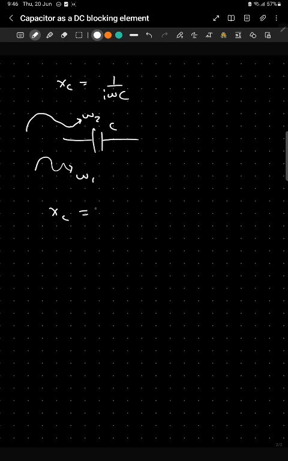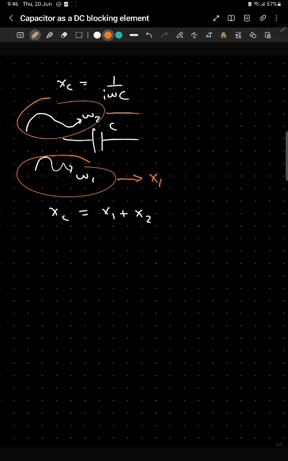So actually, I'll encourage you to reason through and prove the following: that if the reactance due to just the existence of the excitation omega 1 was X1 and the reactance for the corresponding frequency omega 2 was X2, then the combined reactance would just be the sum of both of these.